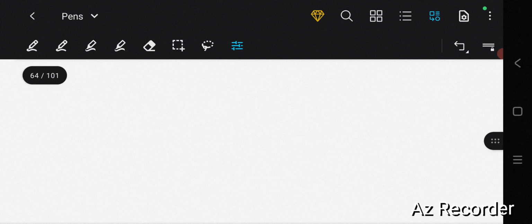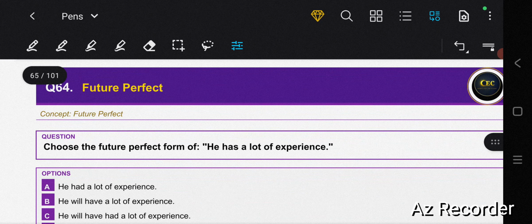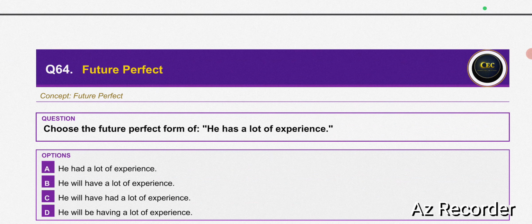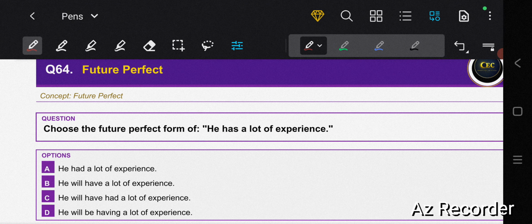Now question number 64. Choose the future perfect form of "he has a lot of experience". What is the tense in this sentence? "Has" is the only verb of the sentence, so it's present indefinite tense. So what would the future perfect be here? There is no "shall" or "will", so that is the wrong one.